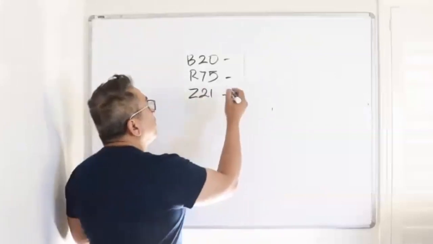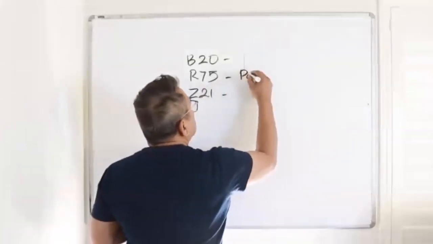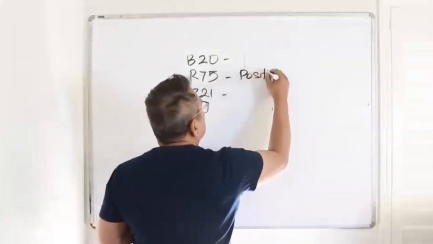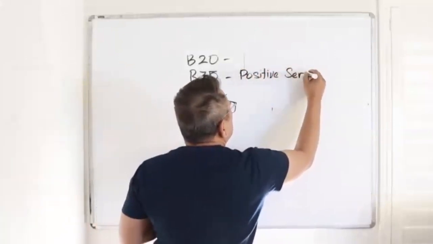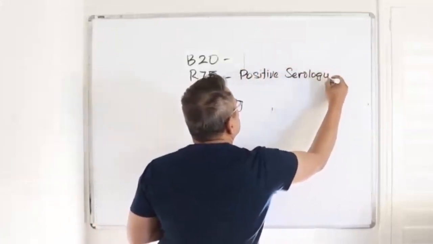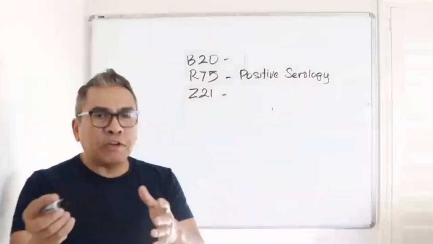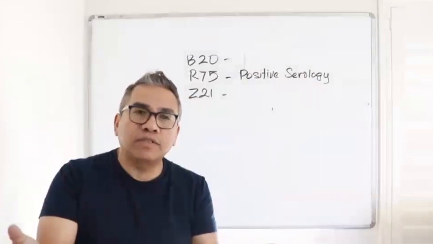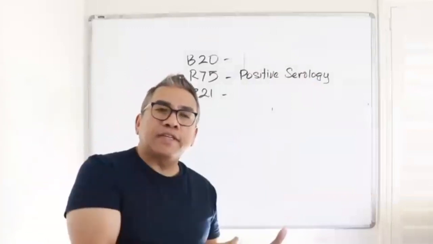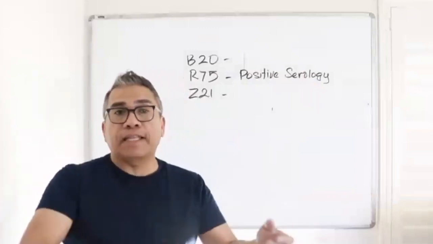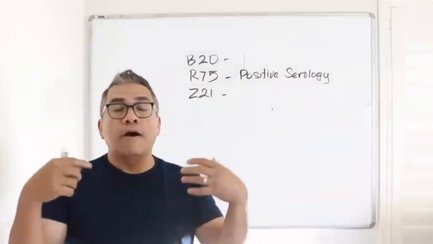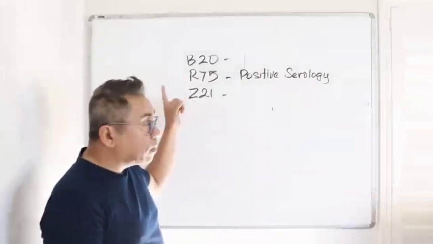This R75, guys, is the code for positive serology. This is the scenario I shared with you earlier, where the patient went to the doctor, had blood work, and the test came out positive for HIV.